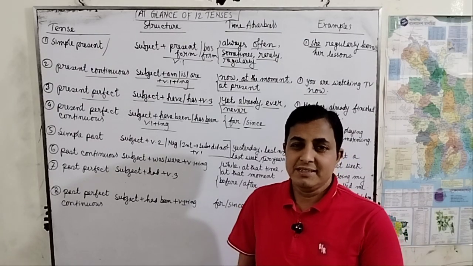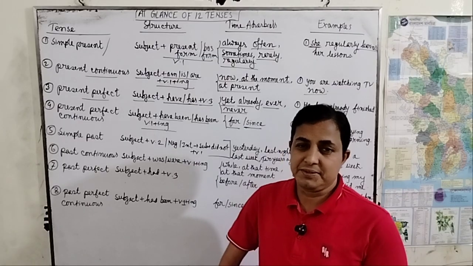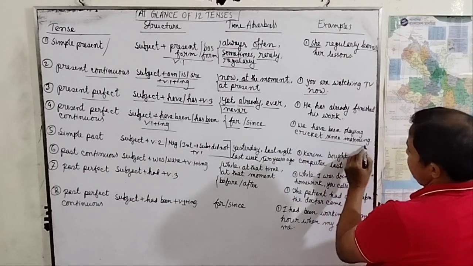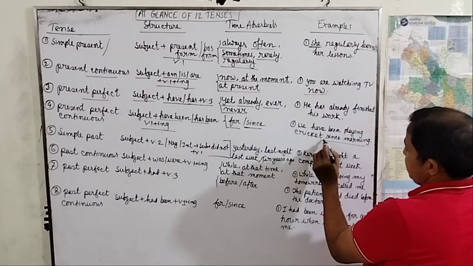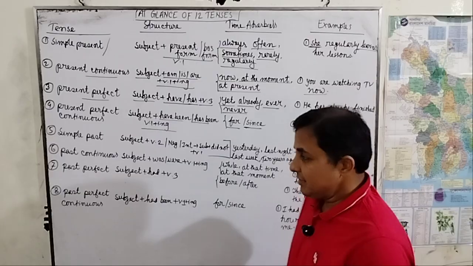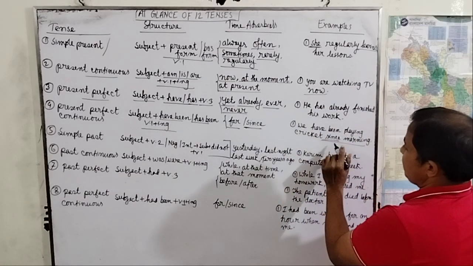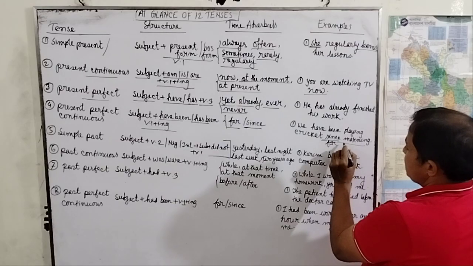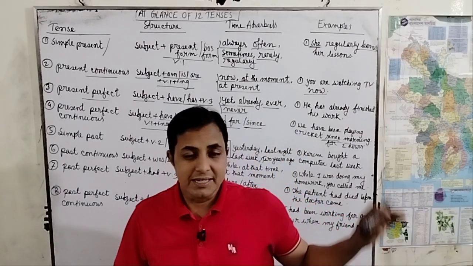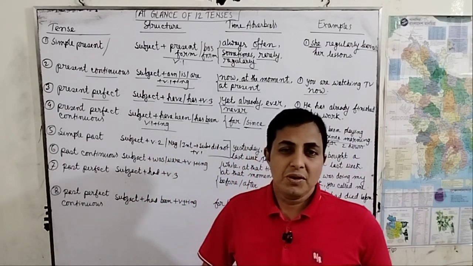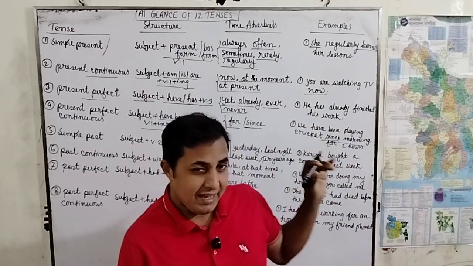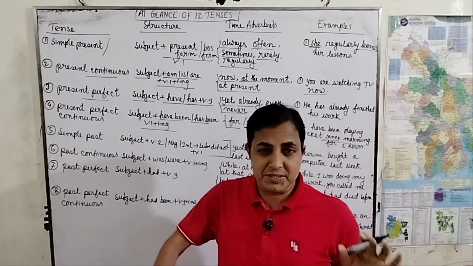Singular subject takes singular auxiliary, plural subject takes plural. Example: we have been playing cricket since morning. I have used since because morning is a fixed time. And if I say we have been playing cricket for 2 hours, this is not a fixed or definite time, it's indefinite time.